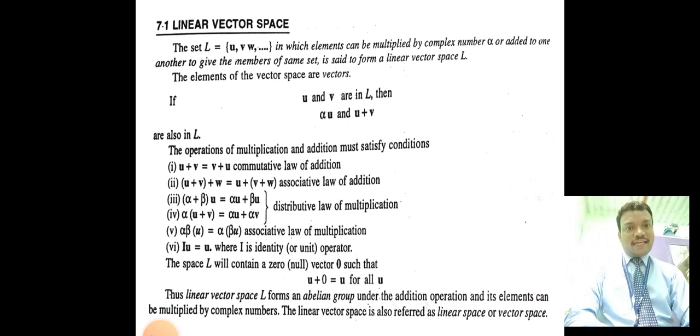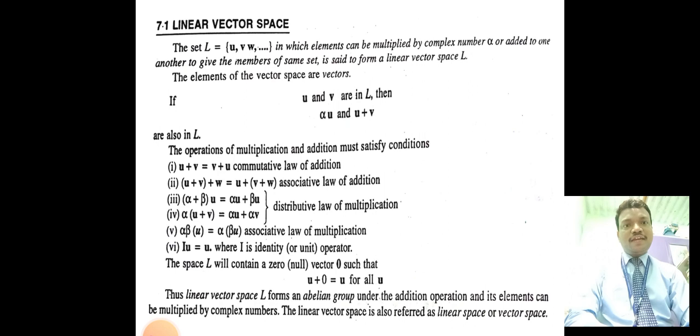So these are from the linear vector space L. This is the definition of the linear vector space.